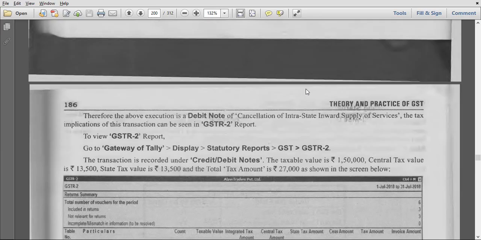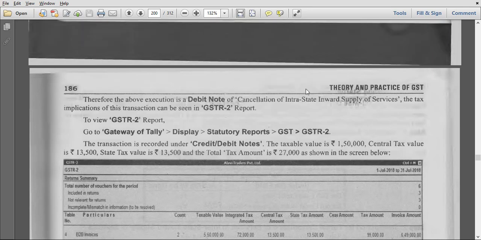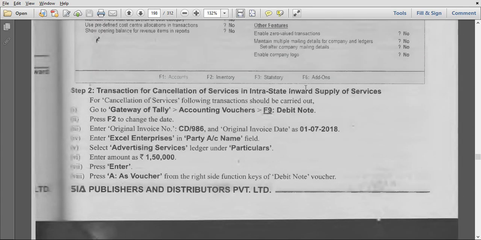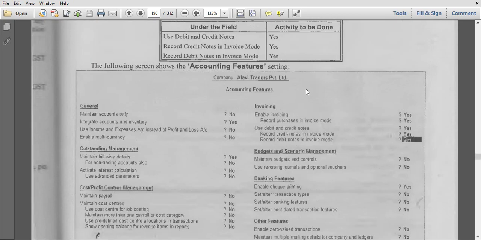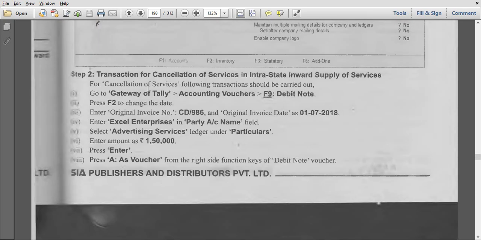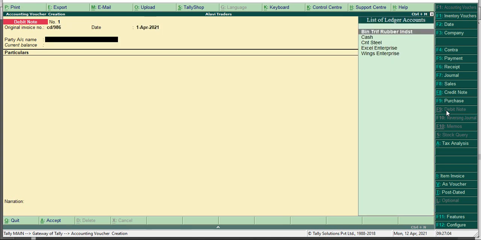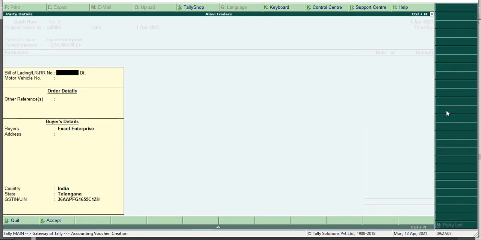Accounting voucher. Now we go with debit note. Purchase returns, that is debit note. So invoice number CD by 986. Party name is Excel Enterprise.